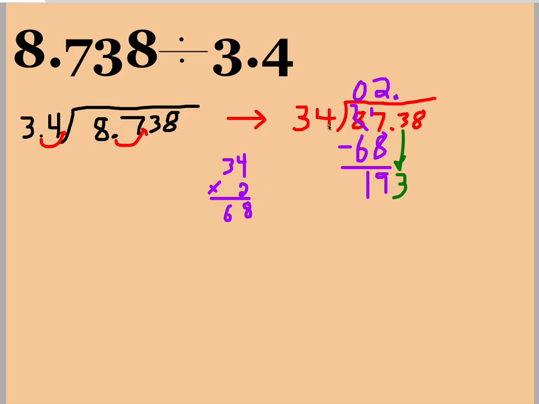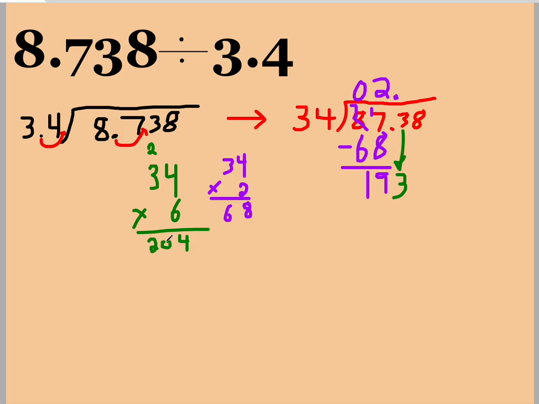Now, 34 into 193. I know 3 times 6 is 18, or 30 times 6 is 180. So let's try 34 times 6. 4 times 6 is 24. 6 times 3 is 18, 19, 20.